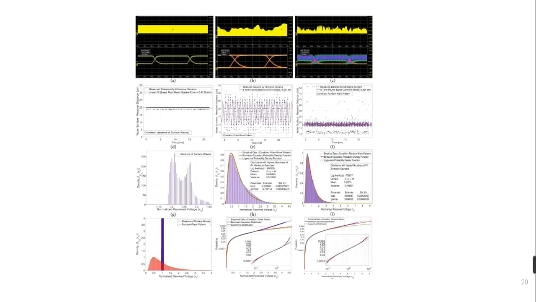J, comparison between the impulse response of the channel in both the absence and presence of the pulse waves on the water surface. K to L, the normal probability plot of the empirically derived impulse response of the channel along with a normal probability plot of the estimated Beta and log-normal distributions in the presence of pulse and random waves respectively.